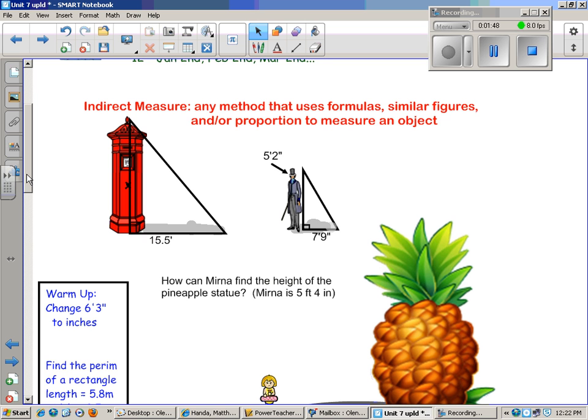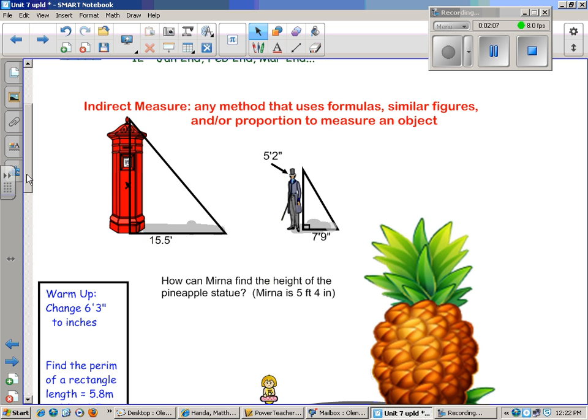If I wanted to find the height of this call box, this police box, and it's too tall for me to climb up and measure with a yardstick or tape measure, what I would do is set it proportional to something that I already know.